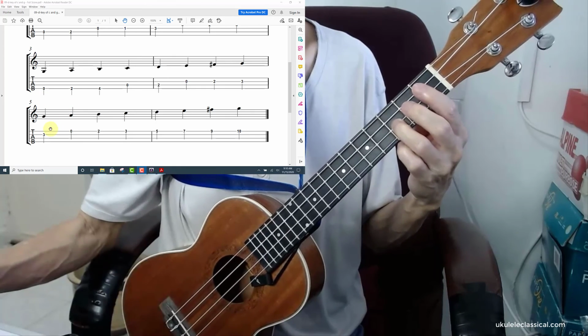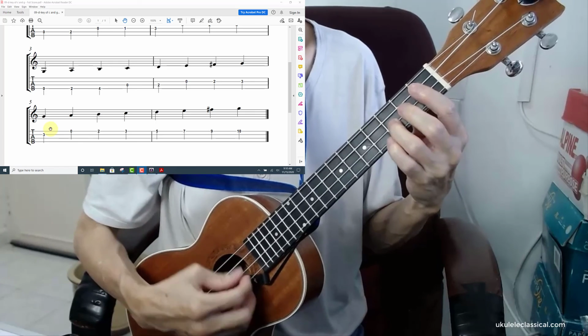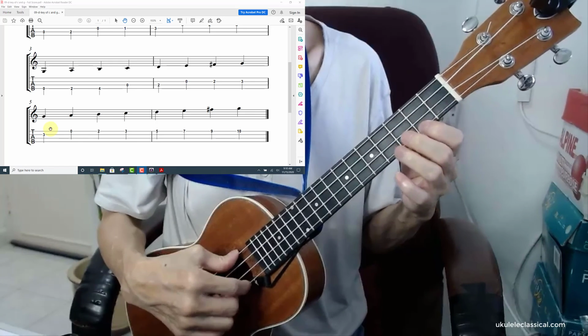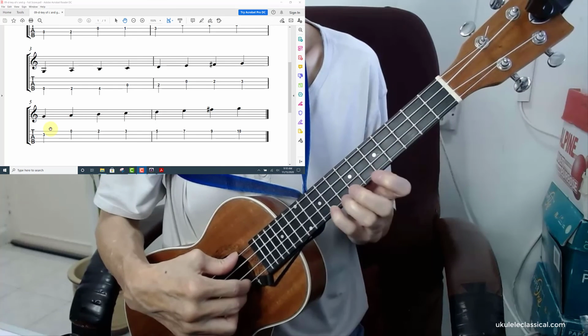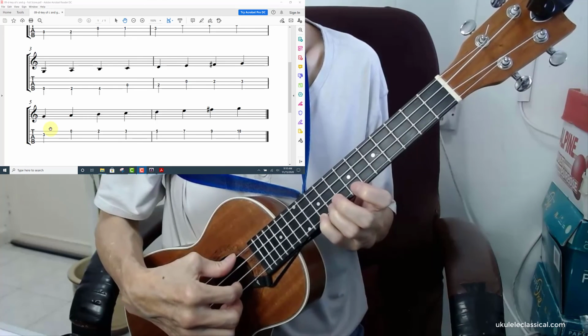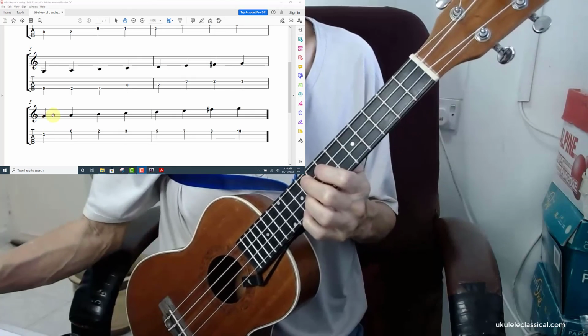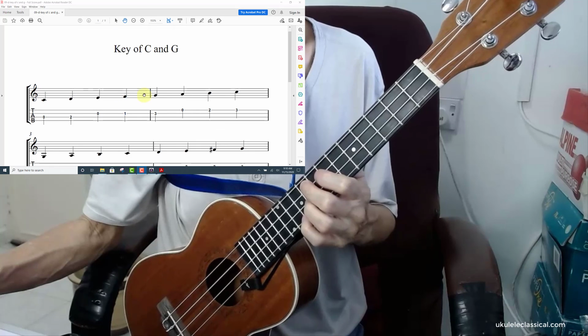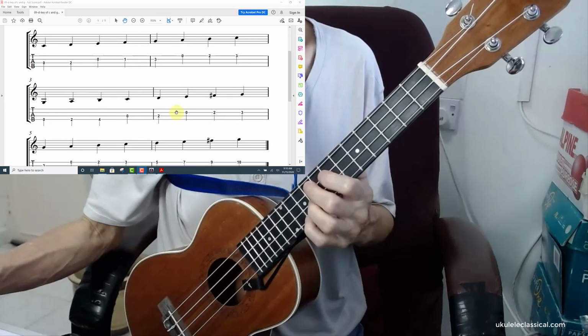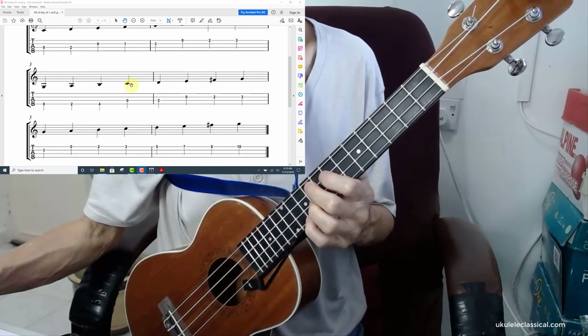And then the second octave. Two octaves of G. Okay, so this is the key of C, and this is the key of G.